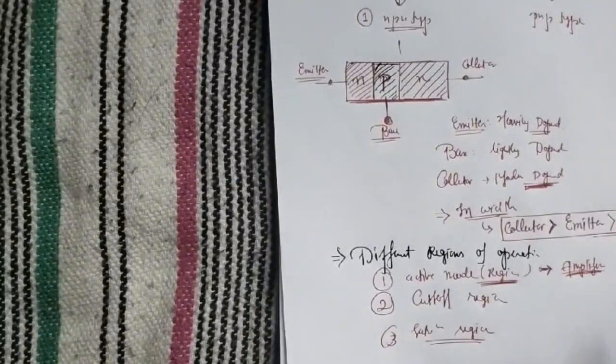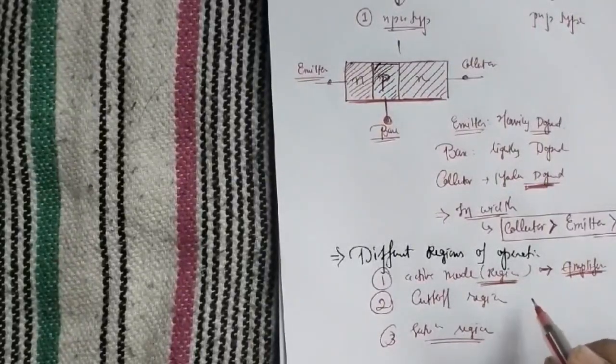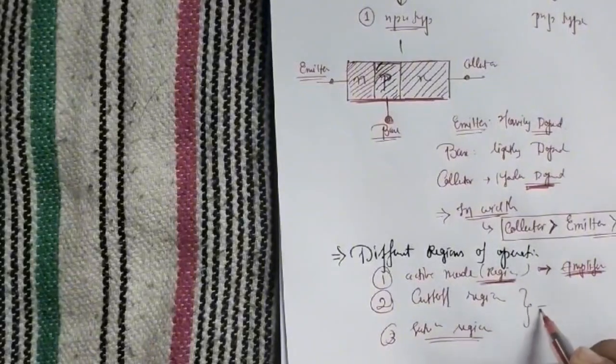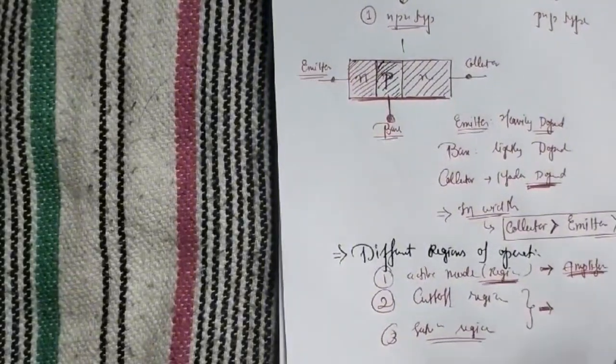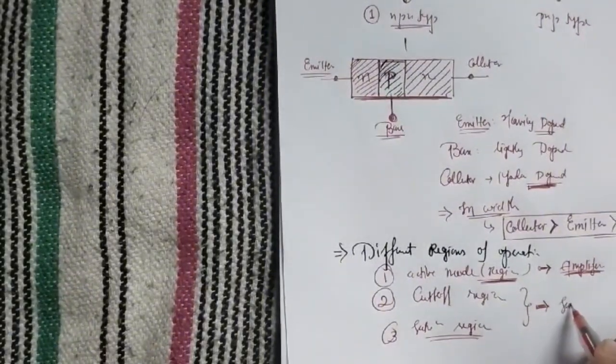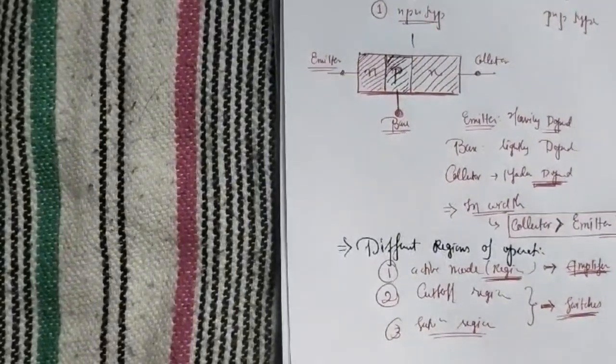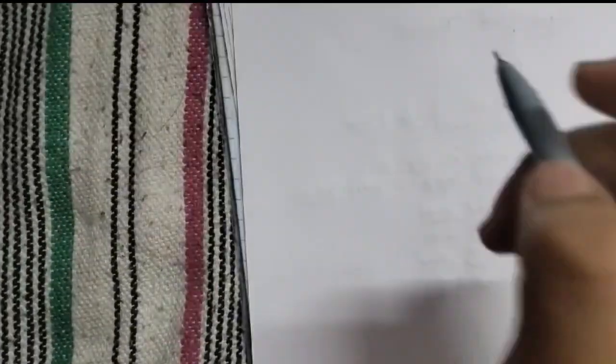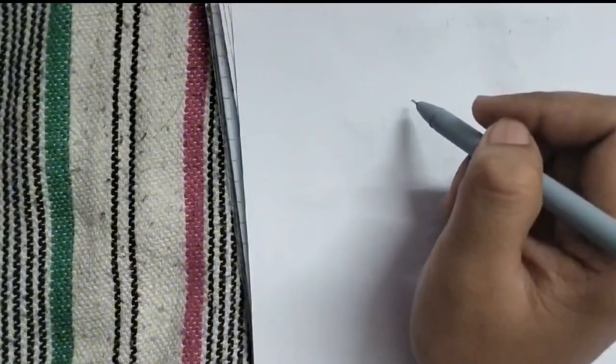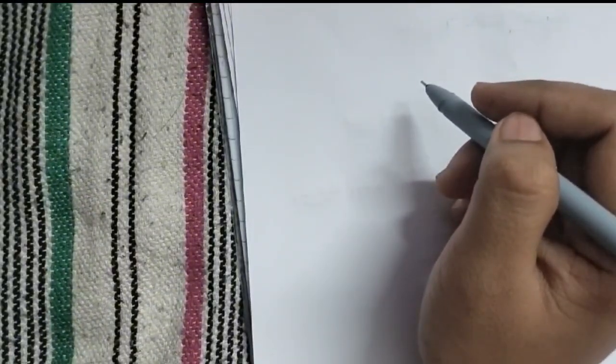We will get some gain like this. And in cutoff region and saturation region, we can use this as a switch. These three regions of operation basically depend on the type of biasing across its terminals.